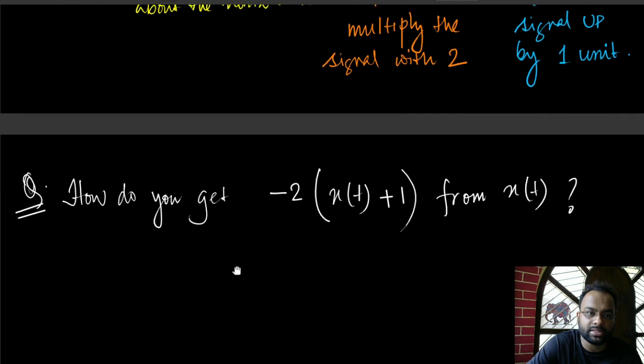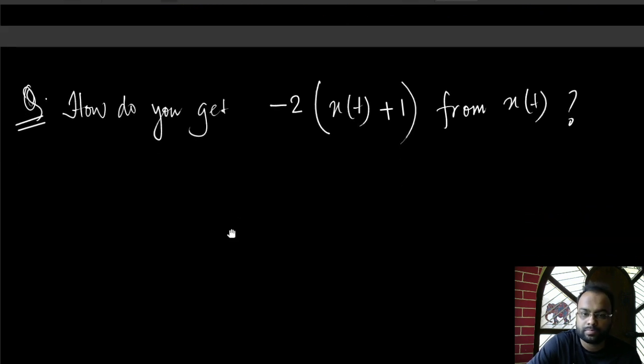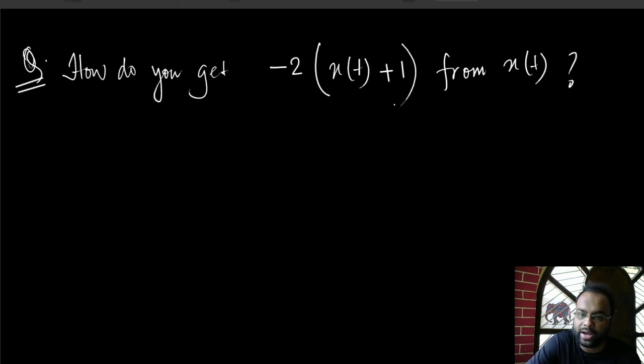So can anybody answer this question? I have xt, and I want to get this. Can anybody answer what are the steps in order to get this from this? I have xt, and I want to get -2 multiplied with this entire xt plus 1.